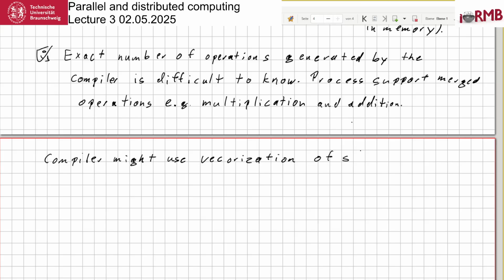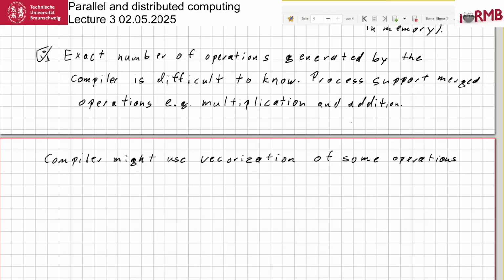If you optimize, your compiler may find that, okay, these operations I can put in a vector register and do multiples of them at the same time.